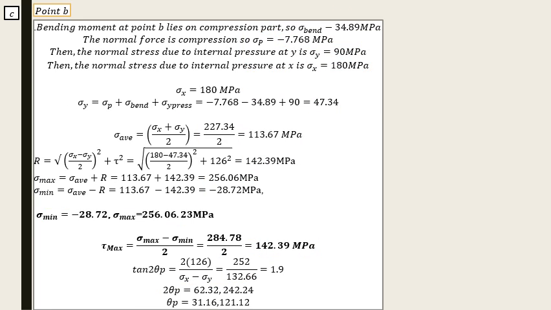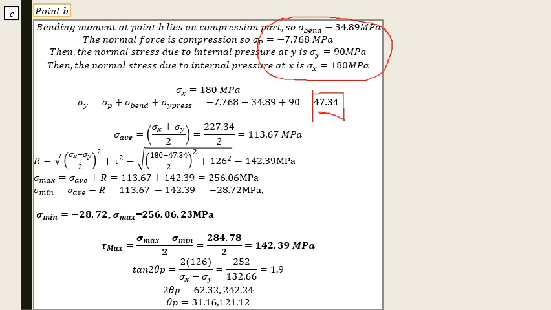Now we go to part C, point B. It is the same: list all the known properties. But for point B, the bending stress will be negative because point B lies on the compression part. The others are still the same. Sigma x is still the same, 180 MPa. Sigma y is the same, the summation of sigma bending, sigma P, and sigma y pressure. I got this value.